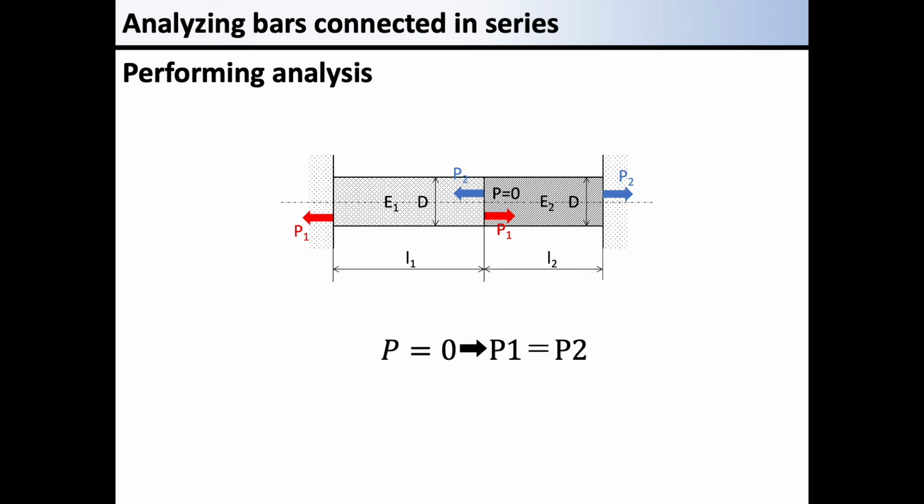There is another way to think about this. You may consider the case of no external force P. If the left side of the above equation is 0, then we get P1 minus P2 equals 0. This means that P1 and P2 are equal. In this case, the problem becomes just pulling an ordinary bar from both sides.